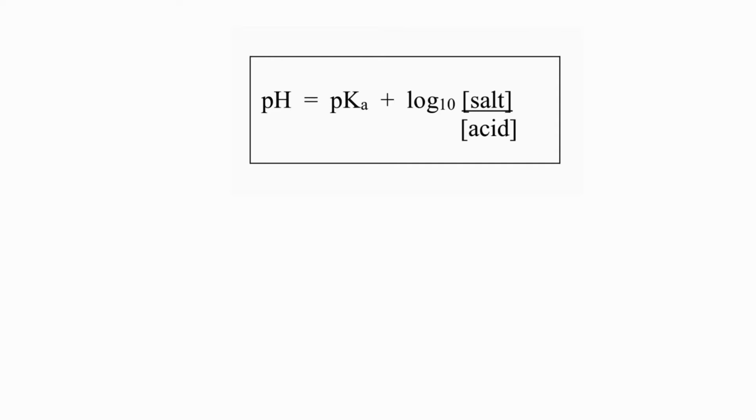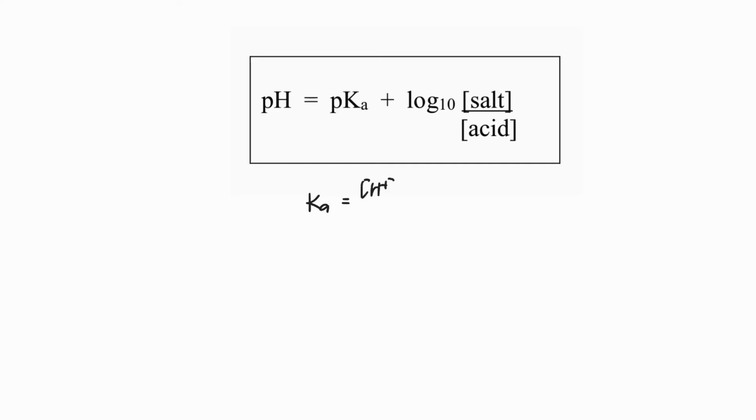We could also make use of these formulas to calculate the pH of a buffer solution. This formula is derived from the Ka of the weak acid in the mixture of the buffer solution.